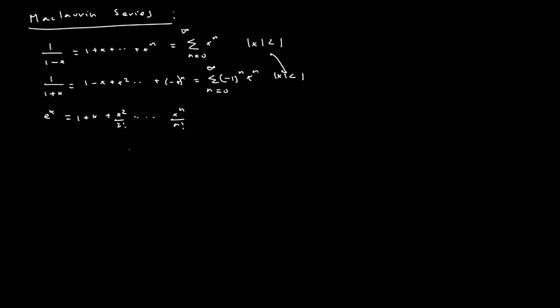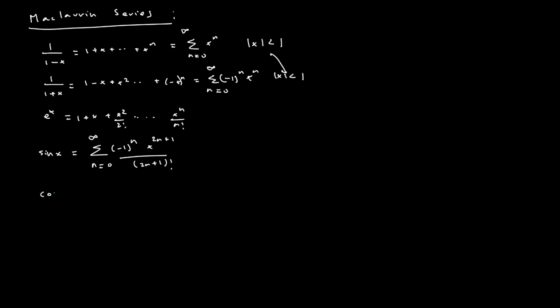I'm not going to write out the summations anymore because you can derive that. Sine x is equal to, actually I'll just write the summations because that is much more compact: the sum from n equals 0 to infinity of negative 1 to the n times x to the 2n plus 1 divided by 2n plus 1 factorial.